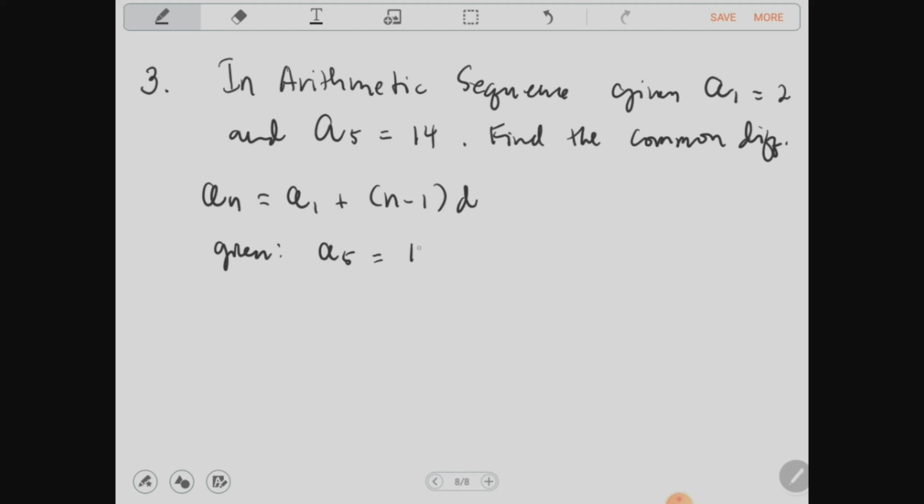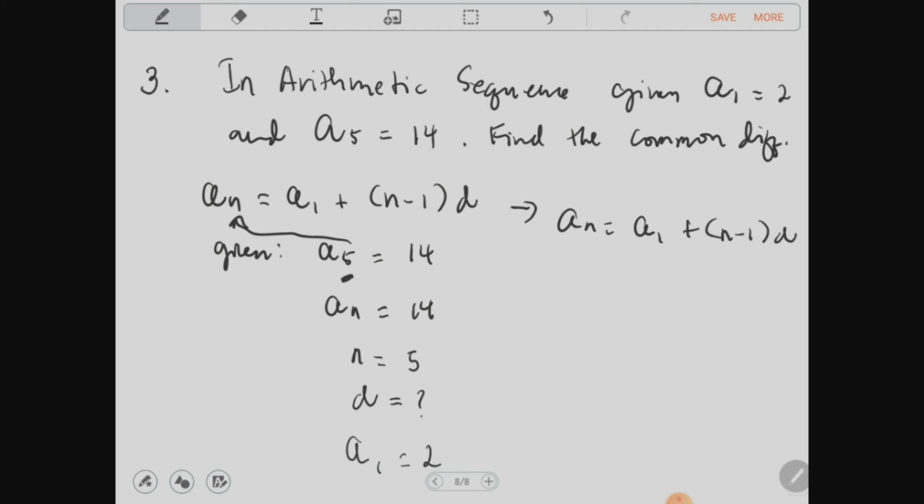We can use our A sub 5, which is equal to 14. That would also be our last term, A sub n equals 14, and our nth term is equal to 5. By the way, we have our A sub 1 also, which is equal to 2.